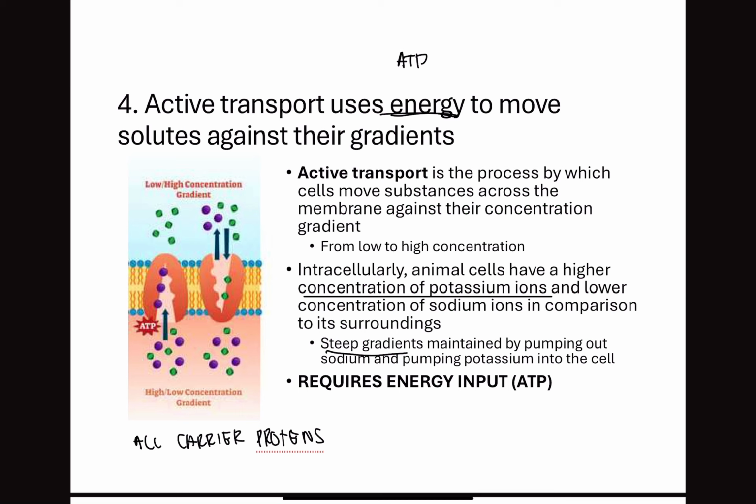And ATP is going to be the energy that is supplied for most active transport. And the way that it works is by transferring its terminal phosphate group directly to the transport protein. And an example of this is going to be the sodium-potassium pump.